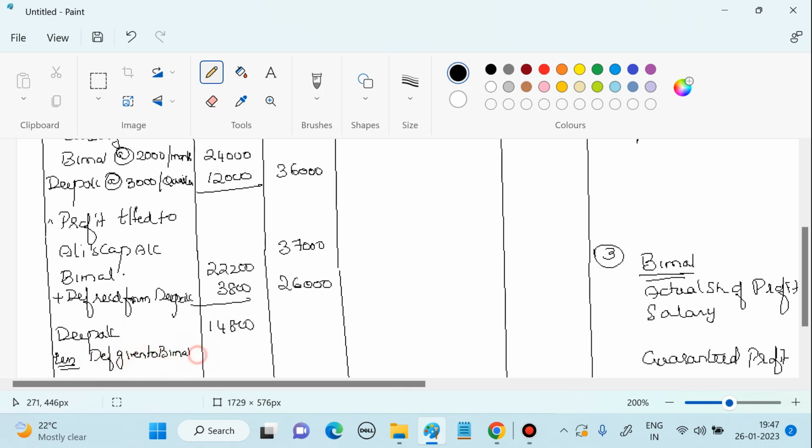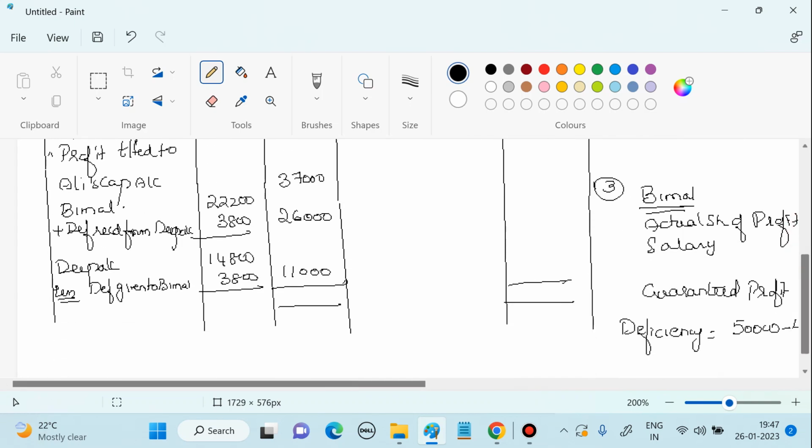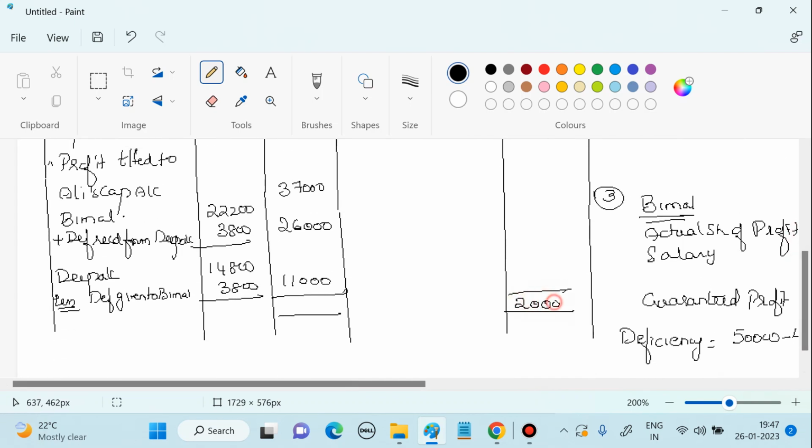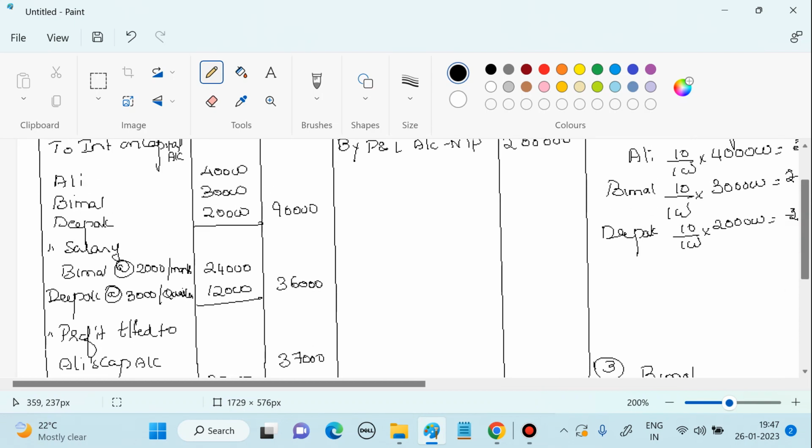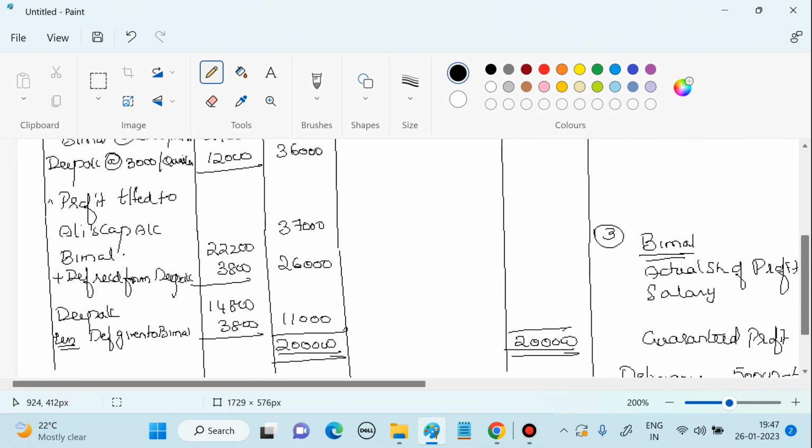He is giving 3,800. So he is only going to get 11,000. If you total this up, it will be equivalent to this 2 lakh. So this is how 2 lakh got divided. 90,000 is interest on capital, 36,000 is salary, and if you total this up, it is 74,000, which was the profit which got divided. Everybody clear?